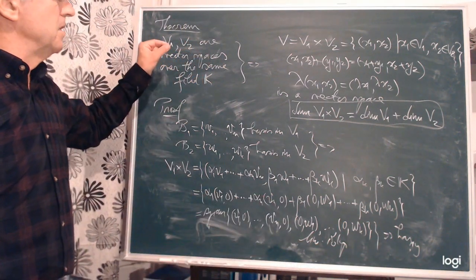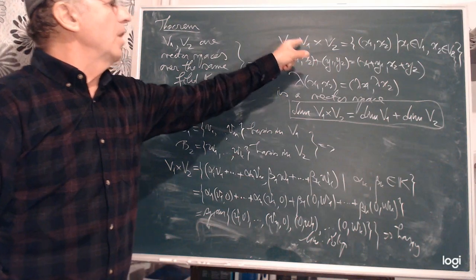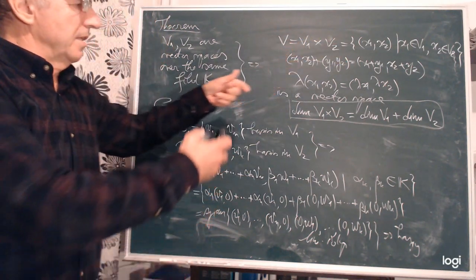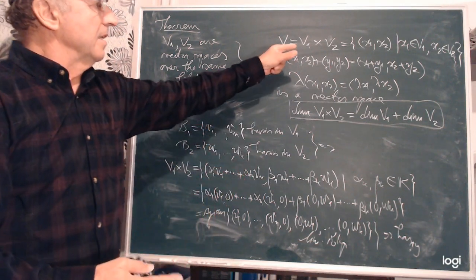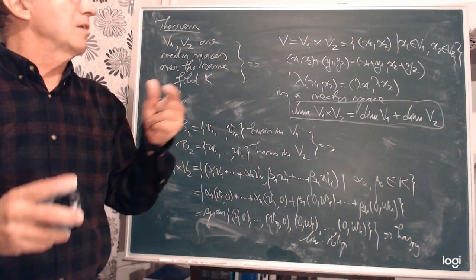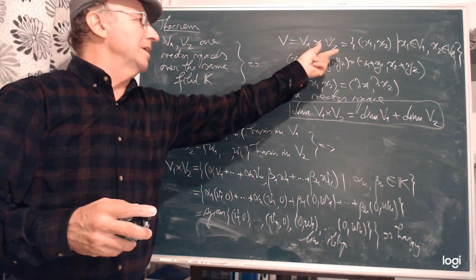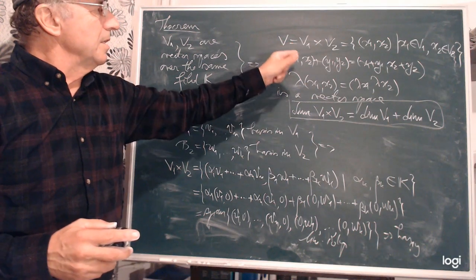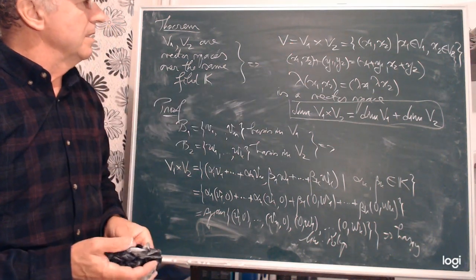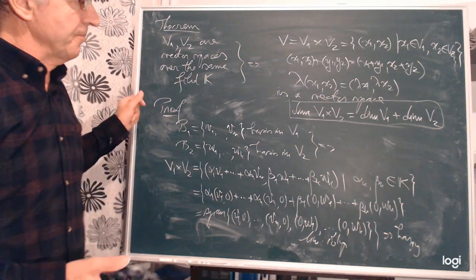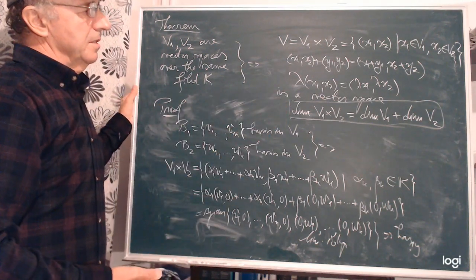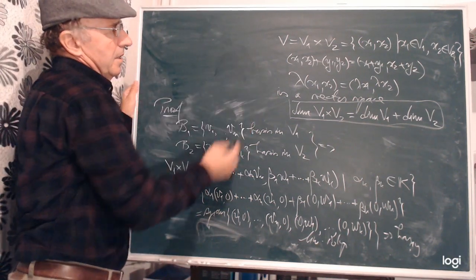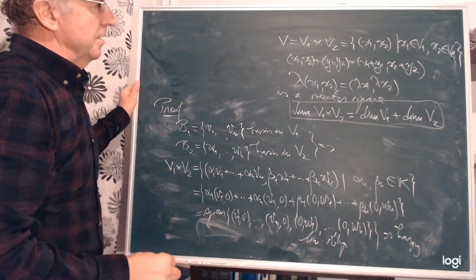We can identify V1 with a subspace of V1 times V2 also, and then this is exactly the sum of two subspaces. After this identification, V is the sum of two subspaces, and we have a direct sum of two subspaces, but only after an identification.